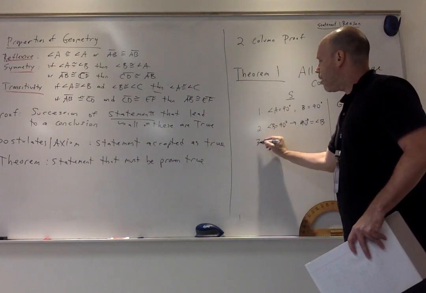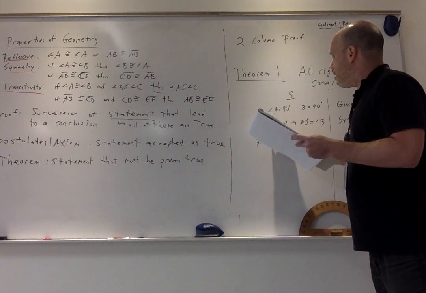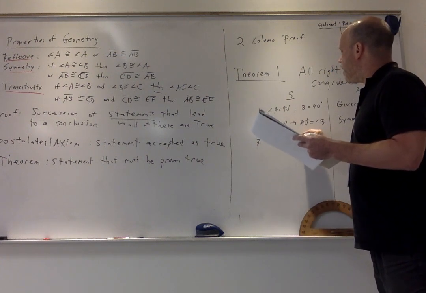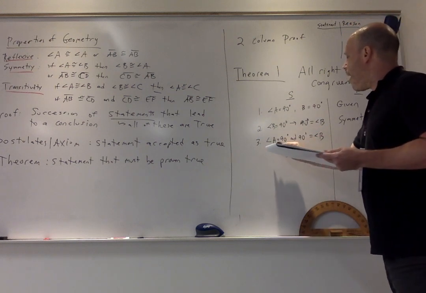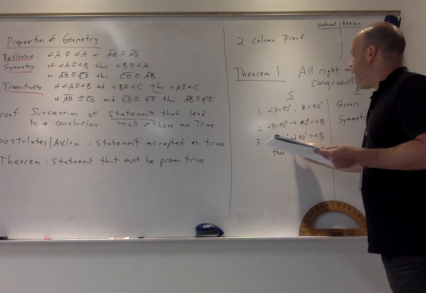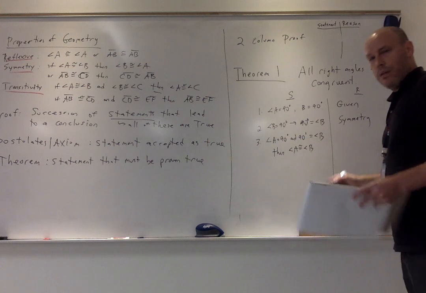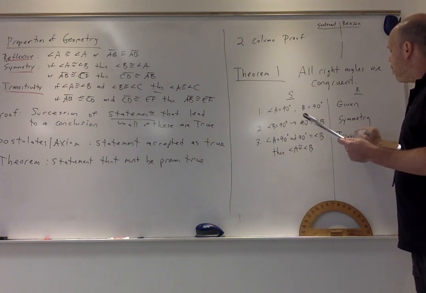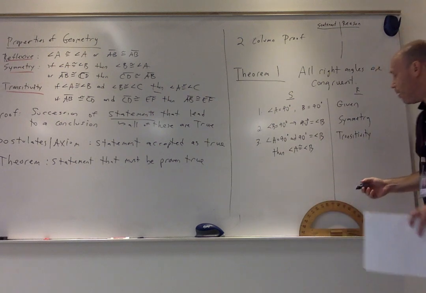Three. Angle A equals 90 degrees, and 90 degrees equals angle B, then angle A is congruent to angle B. Why? Transitive. Transitivity, chain rule, and we're done.